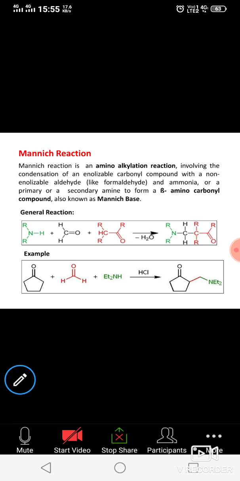Next, with a non-enolizable aldehyde. When I say non-enolizable aldehyde, it means it does not have the alpha hydrogen, like formaldehyde. Formaldehyde does not have the alpha hydrogen. And ammonia or a primary or secondary amine.